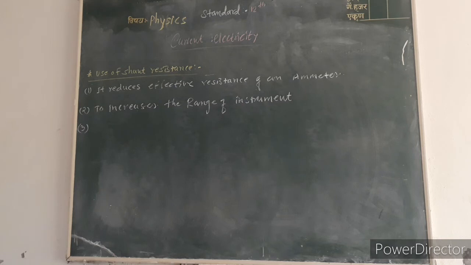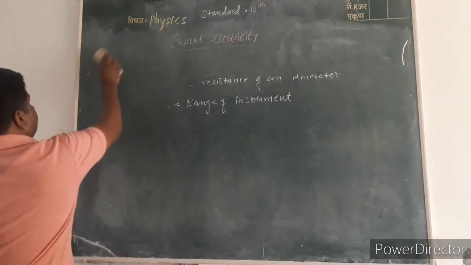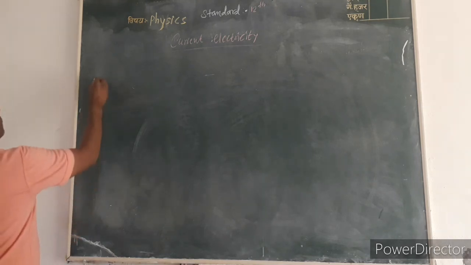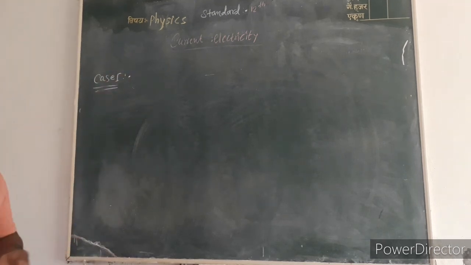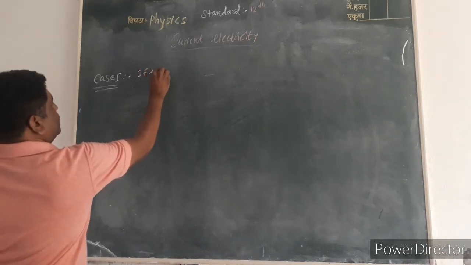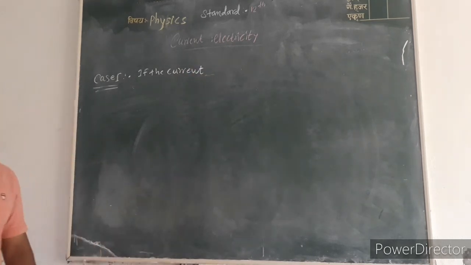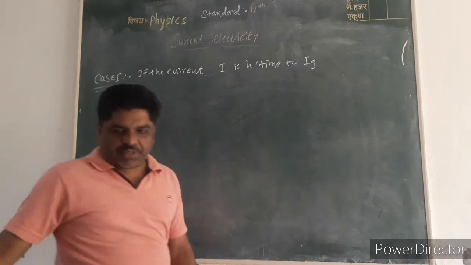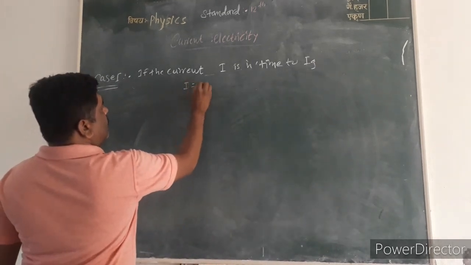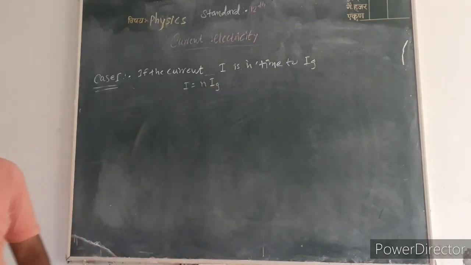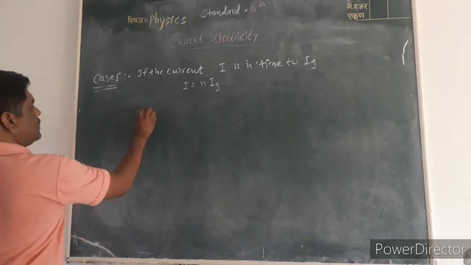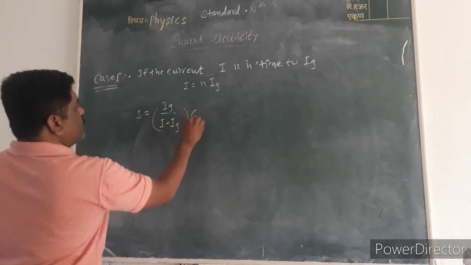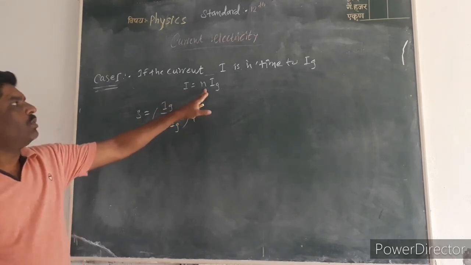Now we discuss some cases. Two cases. Case 1, if the current I is n times the current Ig, that is I is equal to n into Ig, then in the above equation, S is equal to Ig divided by I minus Ig into G, put the value of I equal to n into Ig.